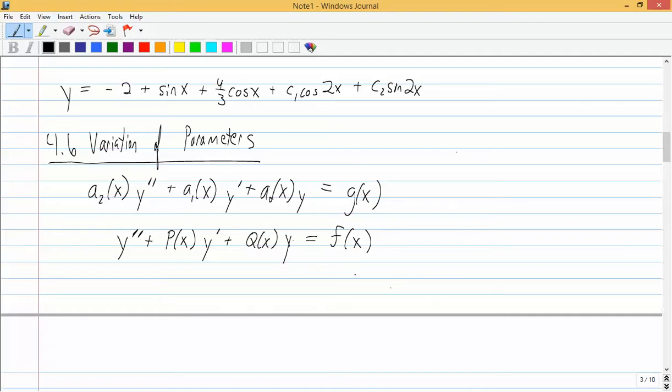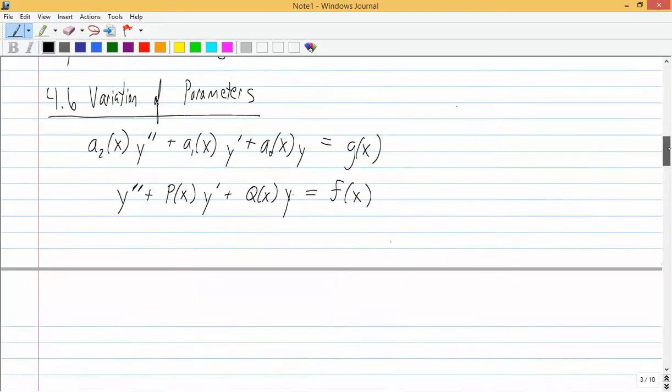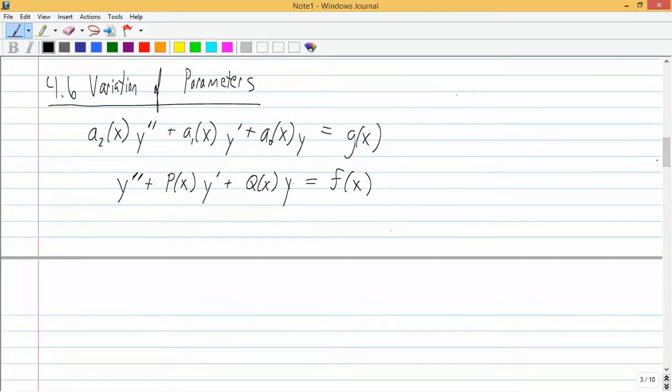Now, we have to define a few terms that we're going to use to solve this second order differential equation by variation of parameters. We're going to use a u sub 1 and a u sub 2. And even though you don't know what a lot of this stuff that I'm about to write down is, I'm going to define it in a second.